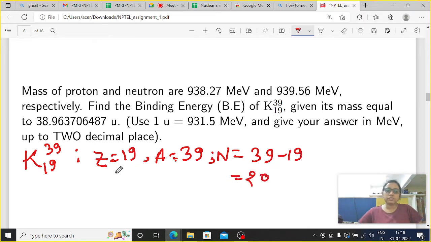So the proton number Z is 19 and the neutron number is 20, and each proton and neutron has a mass of 938.27 MeV and 939.56 MeV respectively. This is given in our question. Then what will be the answer for that question?